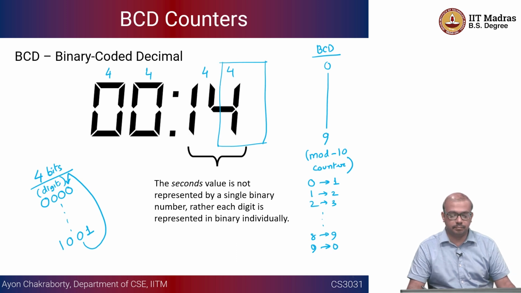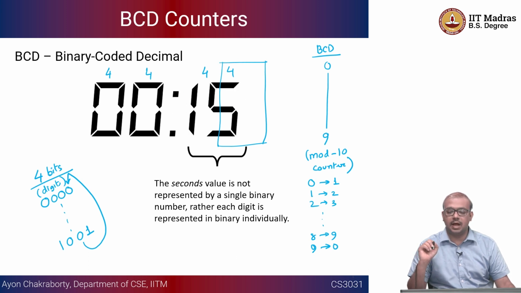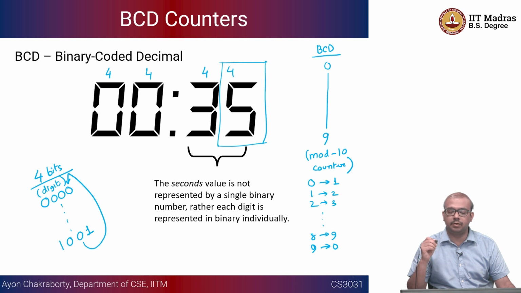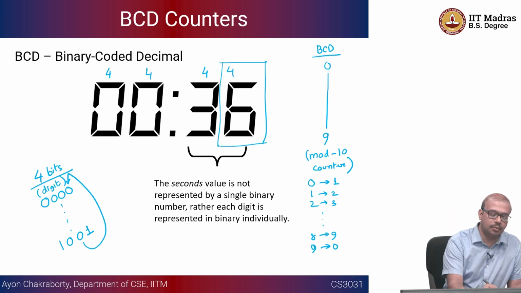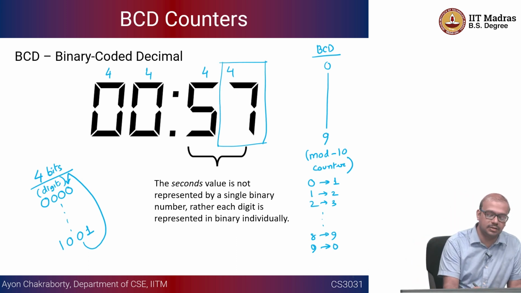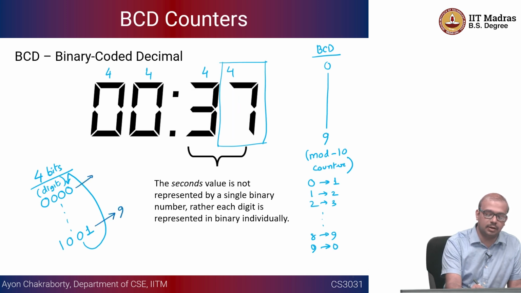BCD stands for binary coded decimal, where we take these 4 bits, and instead of having them go from 0000 to 1111, we actually go from 0000 to 1001, which is nothing but 9. So it goes from 0 to 9.